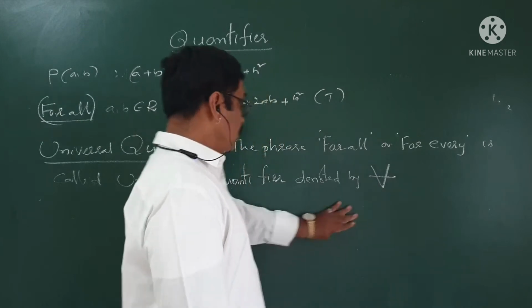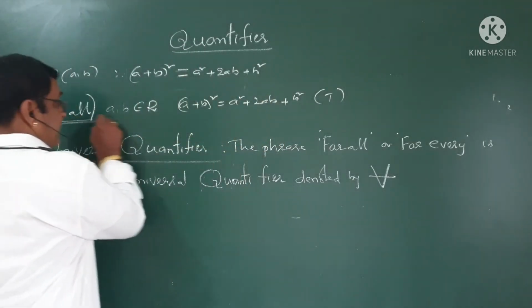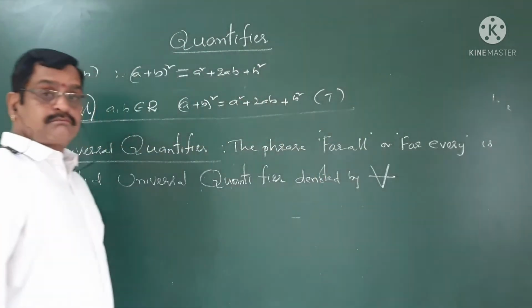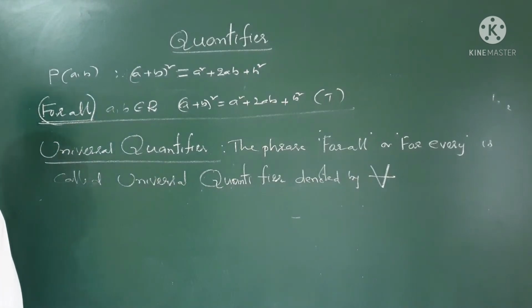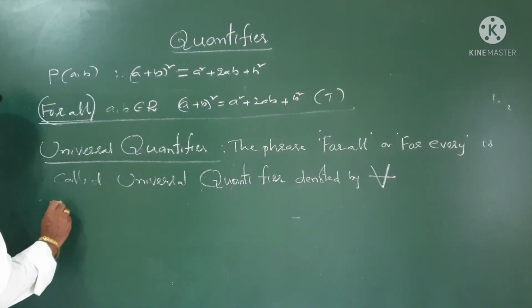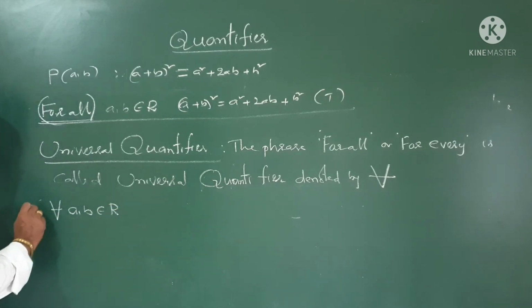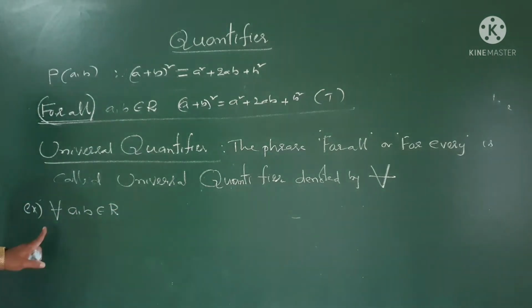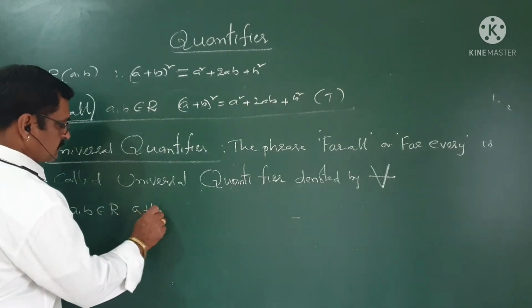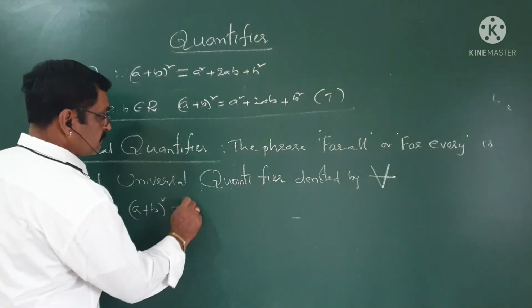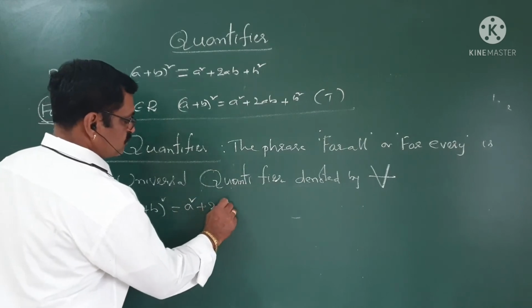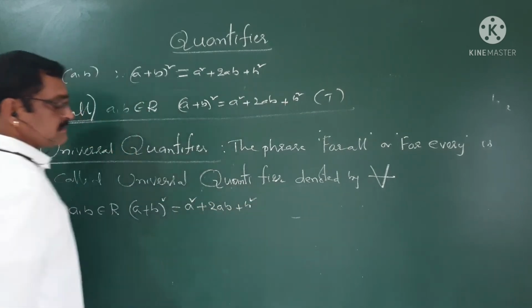That's for all. So I can write the same statement function another way: for all a comma b belongs to R, a plus b whole square is equal to a square plus 2ab plus b square.